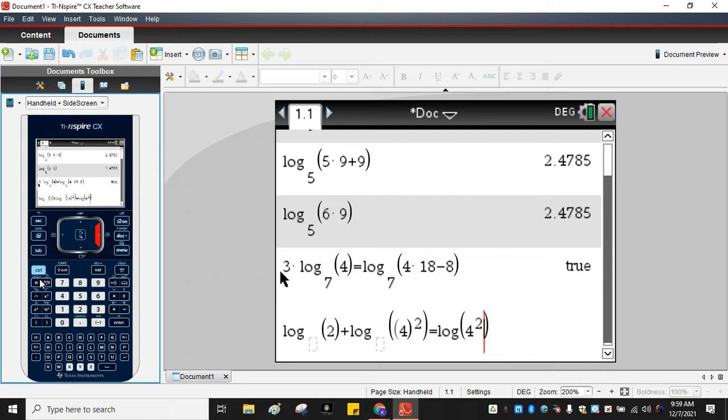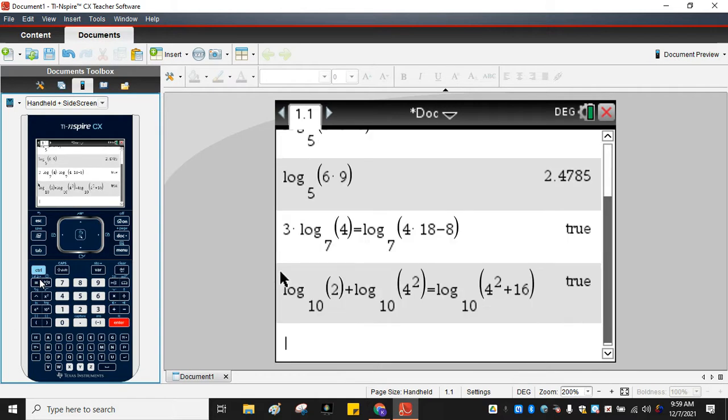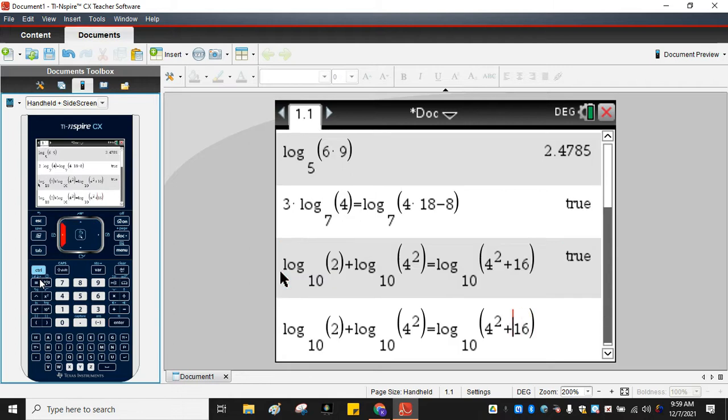Four squared is 16. True. And see, it filled in base 10 for me. It's nice. And now I have to check -4.